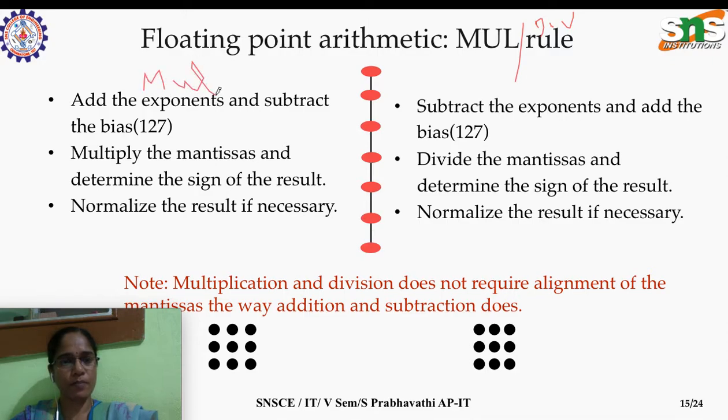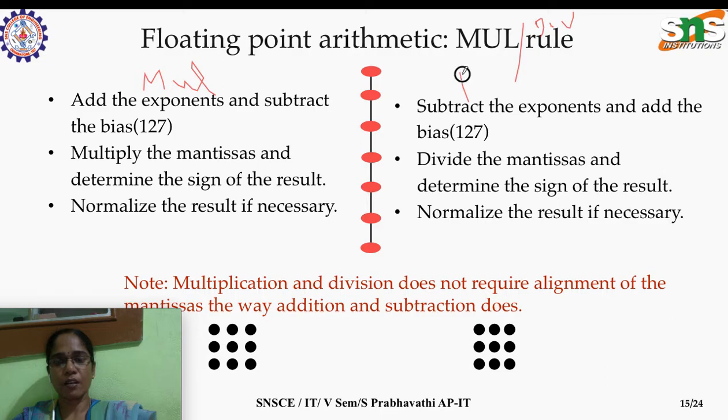For multiplication, add the exponents and subtract the bias. Usually for multiplication we add the exponents, is it not? Only the mantissa part we multiply. So add the exponents and subtract the bias. Yes, this also needs to be considered. Bias has to be subtracted, multiply the mantissa and determine the sign, and finally normalize the result.